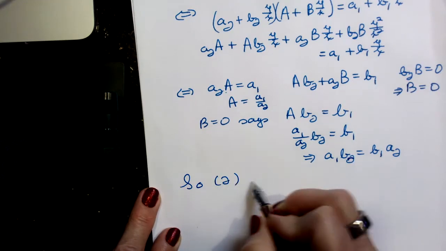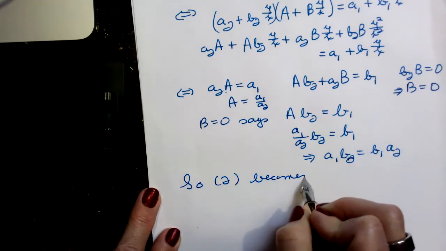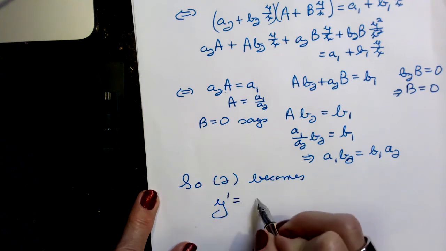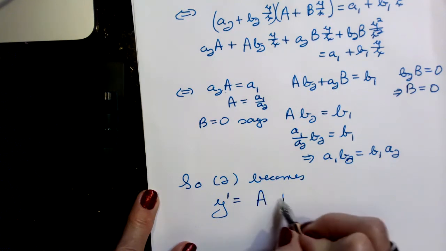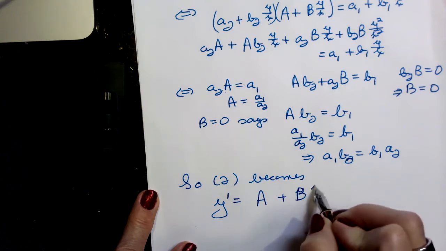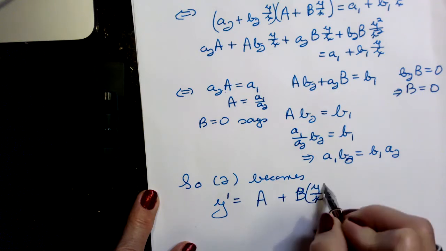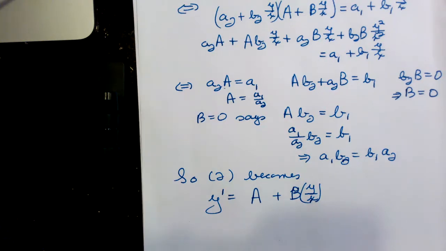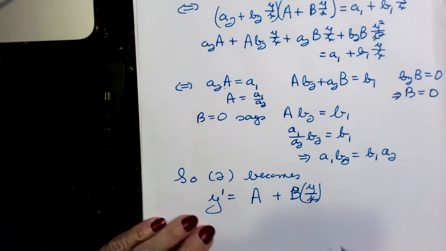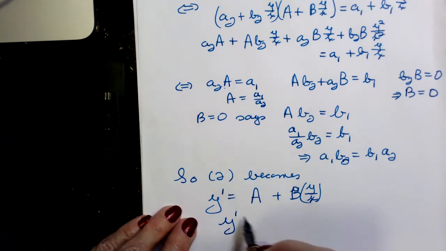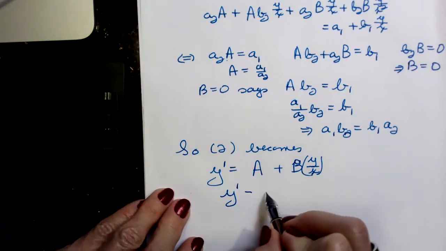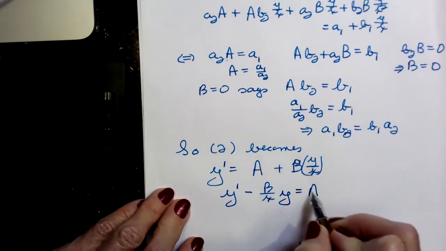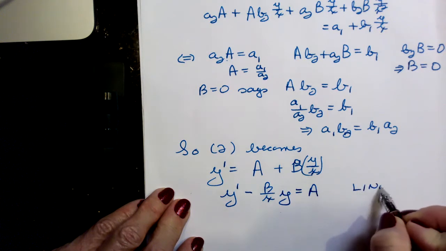So 2 becomes y prime is a plus b y over x. Okay. So notice that this is actually in the form y prime minus b over x y is equal to a, which is a linear equation.